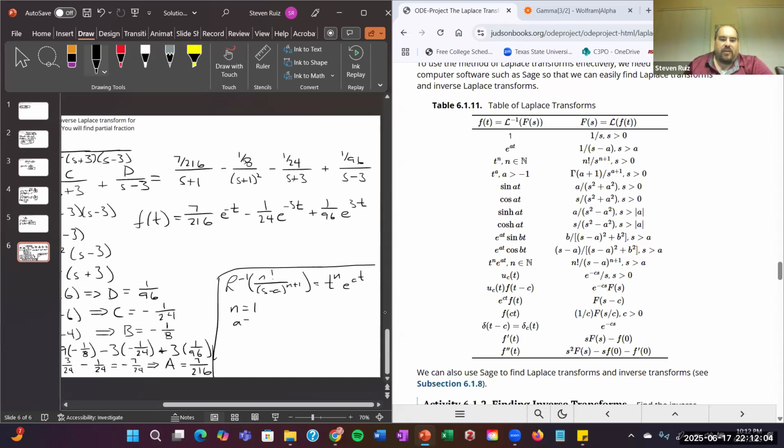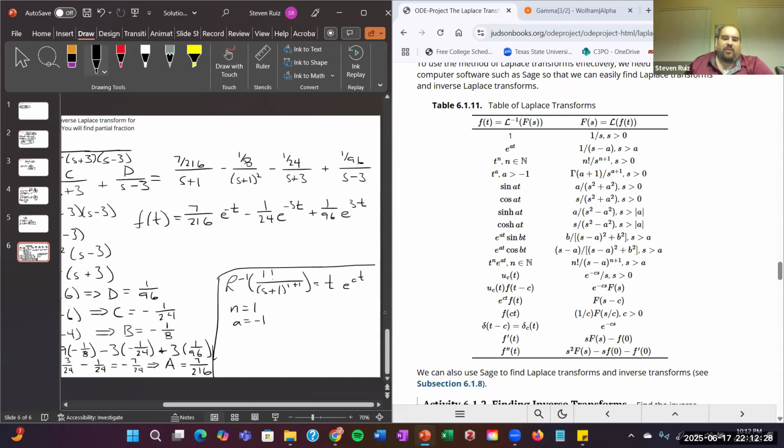Our a is going to be equal to negative 1. So is that what we have? Let's try it. If I put a 1 in for my n and a positive 1, I think this is what I have. I'm going to have to adjust for the negative 1/8, but that's easy enough to do.